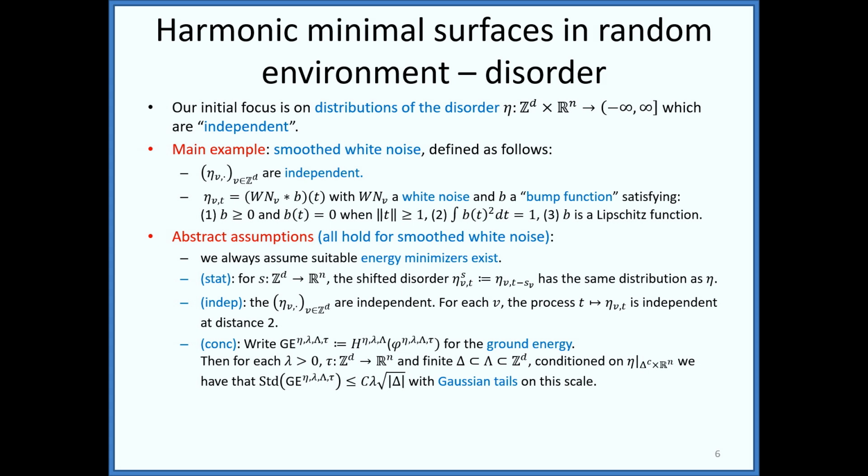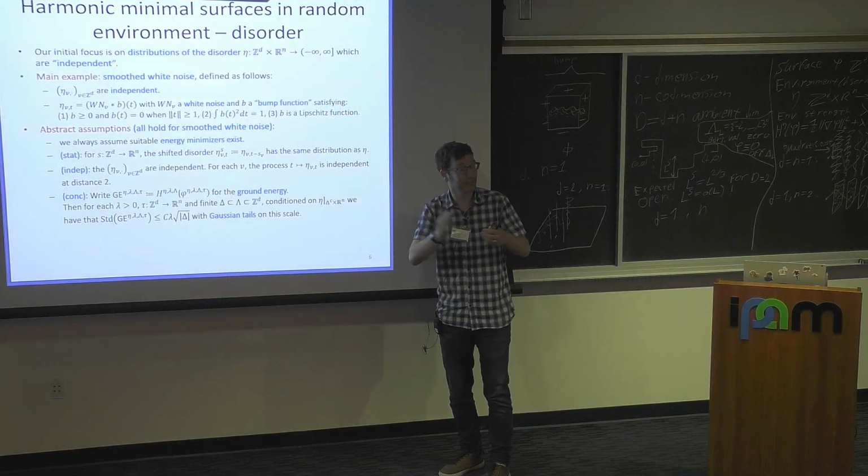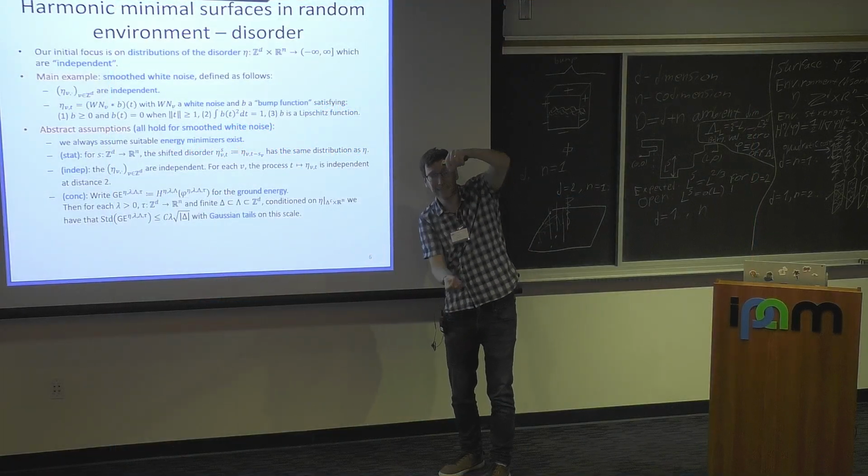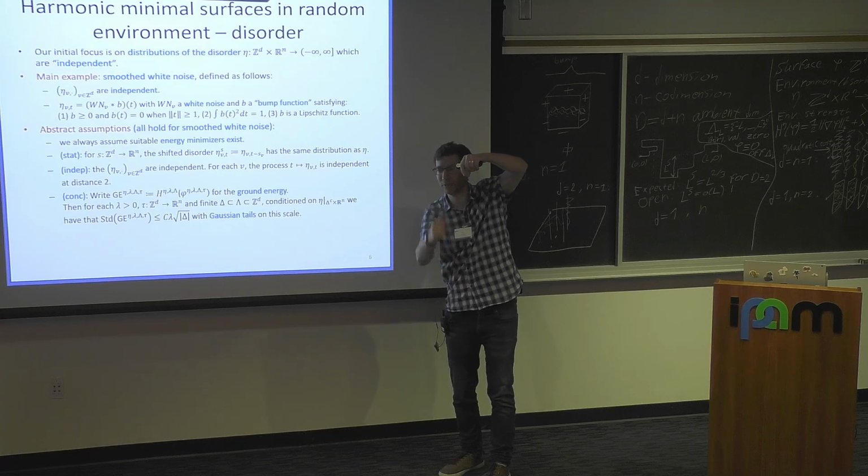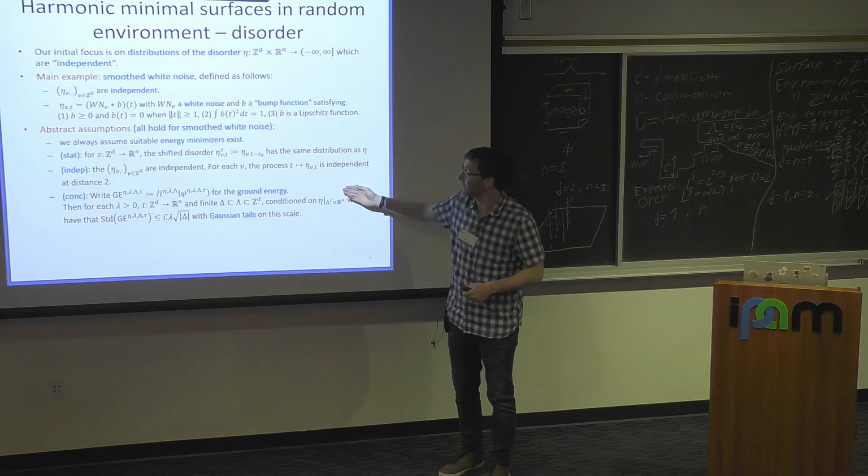So there are some abstract assumptions. Maybe I will not have time to look at them in all detail, but let me say one has to do with the stationarity of the disorder. Another has to do with a certain independence of the disorder between vertices at range 1, so you lose correlations very quickly. Another is concentration.